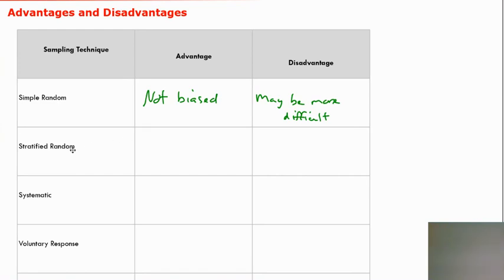What about a stratified random? Well, all parts of the population are equally sampled. So that was the example, like the 10% of every grade, right?